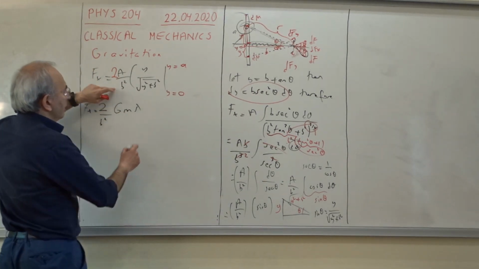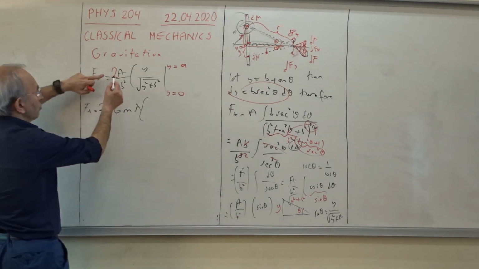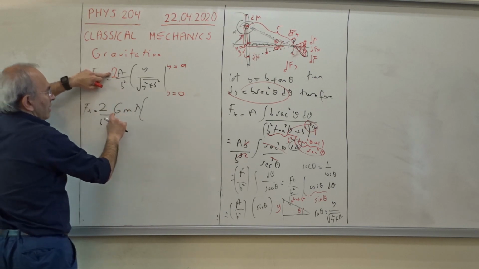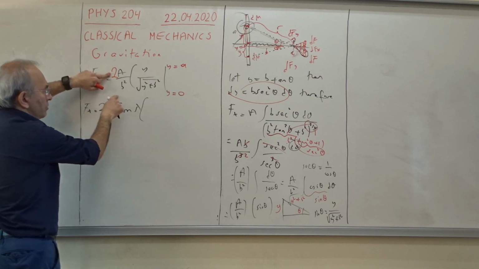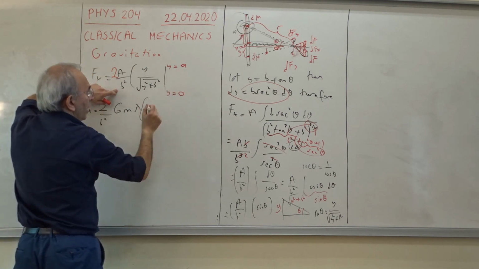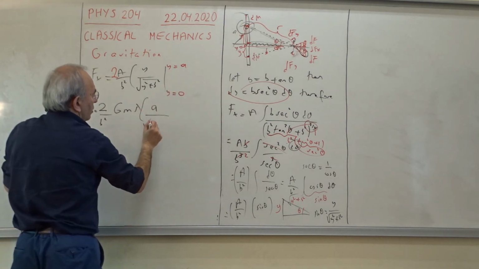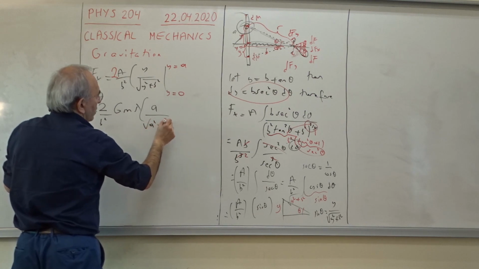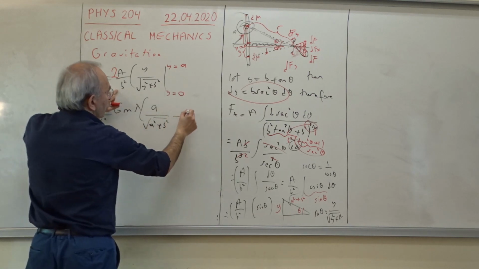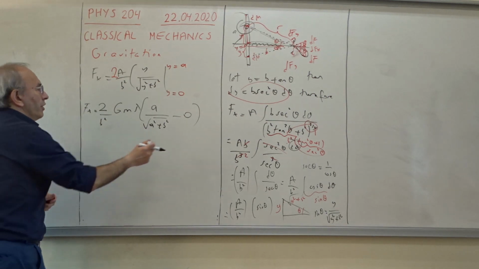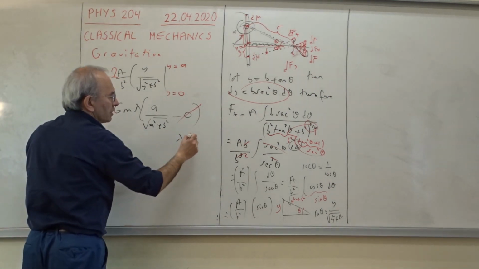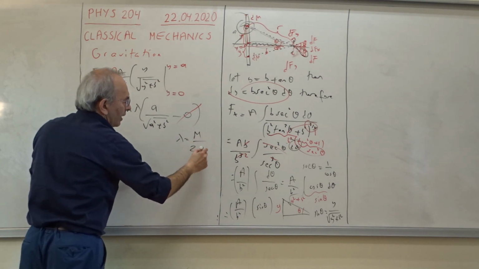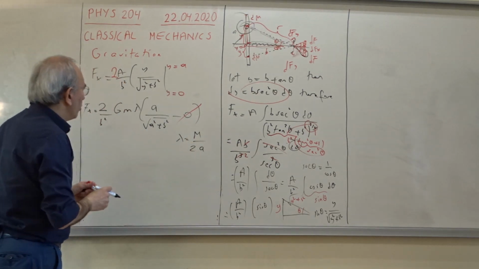And inside the parentheses, we have written 2 a over the square root of a squared plus b squared, times G M lambda divided by b squared. If you put 0, you get 0, so there's no second part. And lambda is, remember, equal to total mass by total length, which is m over 2a.